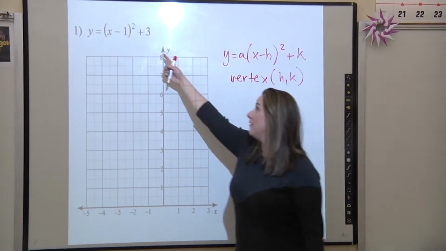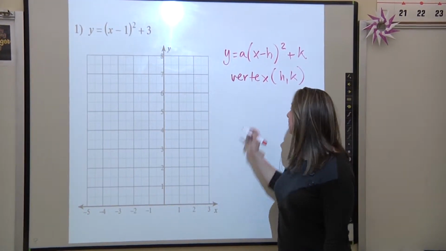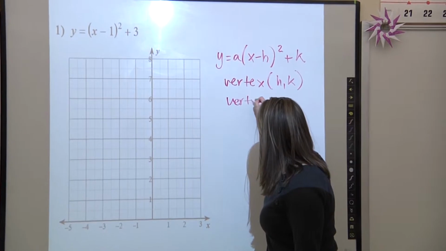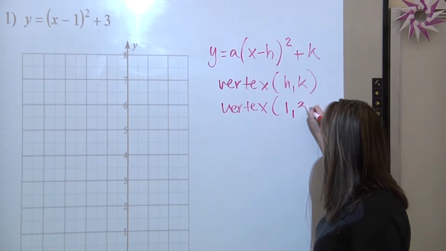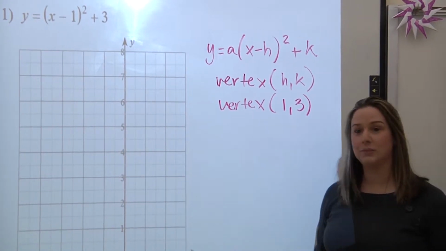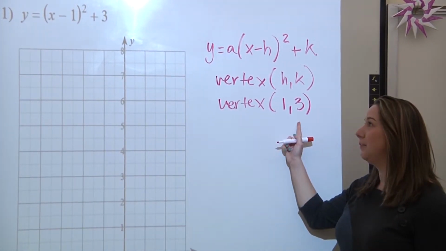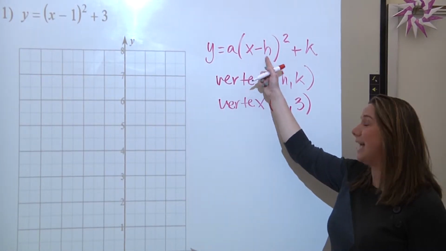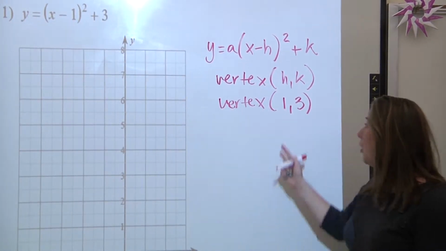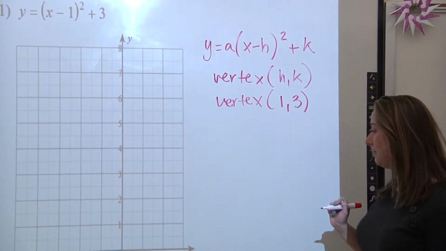We're going to identify the vertex from our original equation. So our vertex for this problem is 1, 3. The reason why it's positive 1 is because of the original form being x minus h. Once we have our vertex, we're going to plot that point.